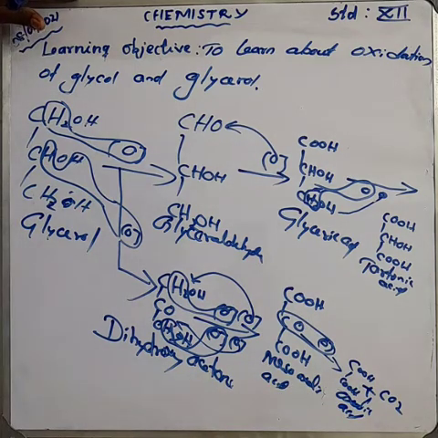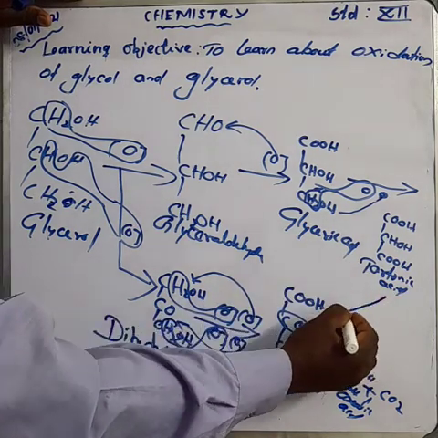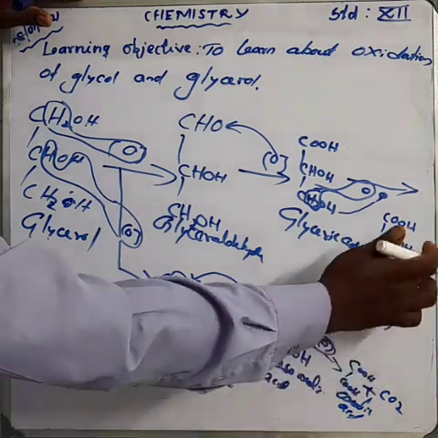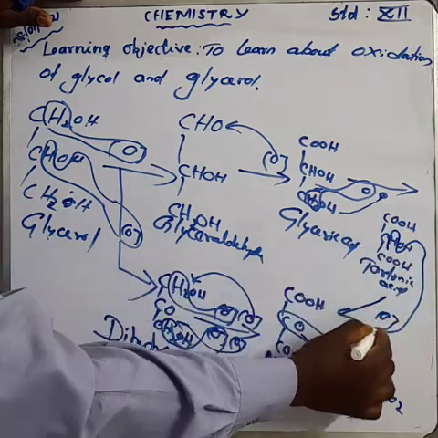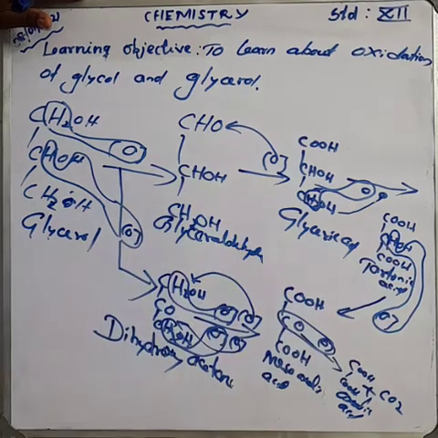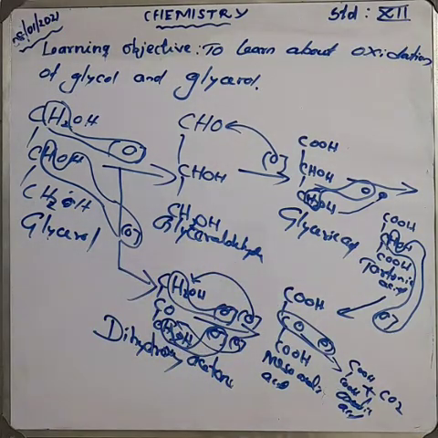Oxalic acid and CO2. Here, the tartronic acid undergoes oxidation. Hydrogen and oxygen give water, and we get meso-oxalic acid. This is about the oxidation reactions of glycerol.